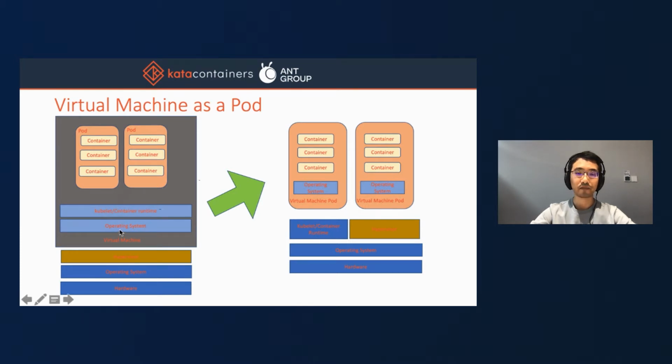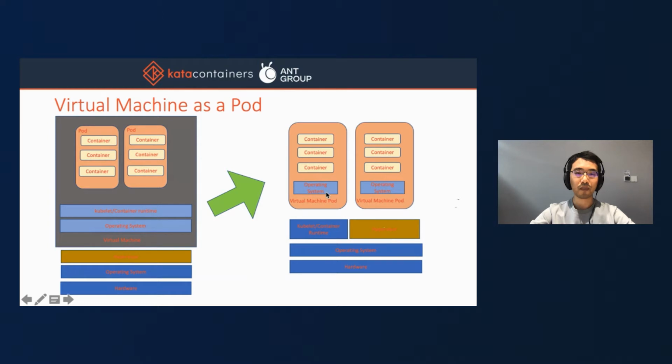But in Kata Containers, we envisioned that a pod is a very good concept for a virtual machine. So we make the virtual machine a pod. In the Kata Containers infrastructure, we run the hypervisor and Kubernetes in a host kernel, and then we run a virtual machine as a pod.